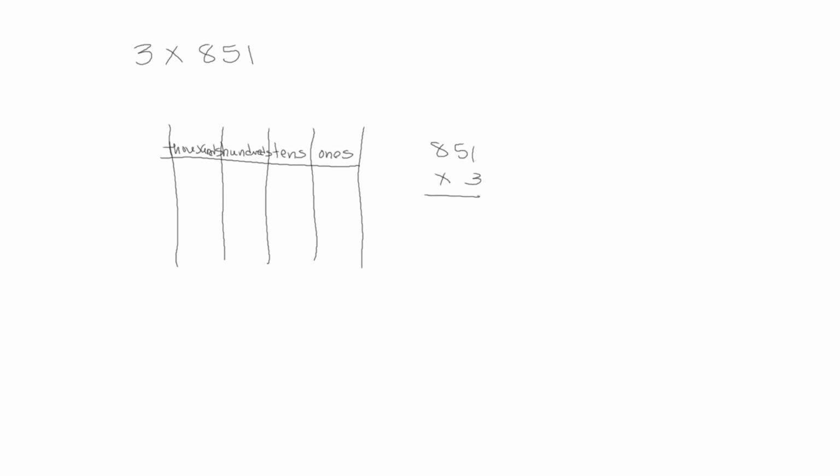So we have 1 times 3, which would give us 3 ones, and we're going to record that here. That's our 3 ones. Then we're multiplying 5 tens 3 times, which would be 15 times 10, which would be 150. So we're going to show that here as 100 and 5 tens.